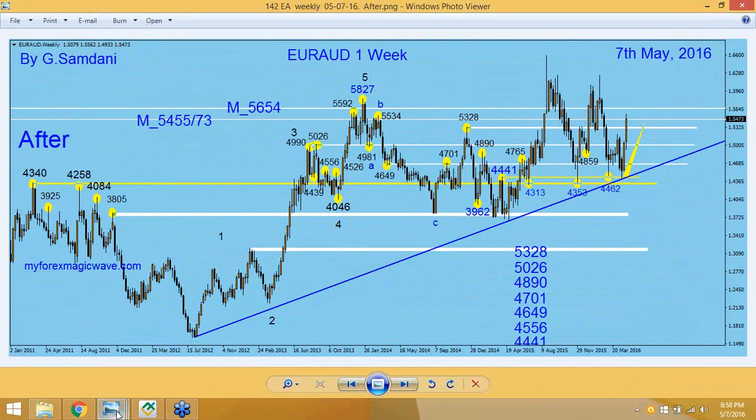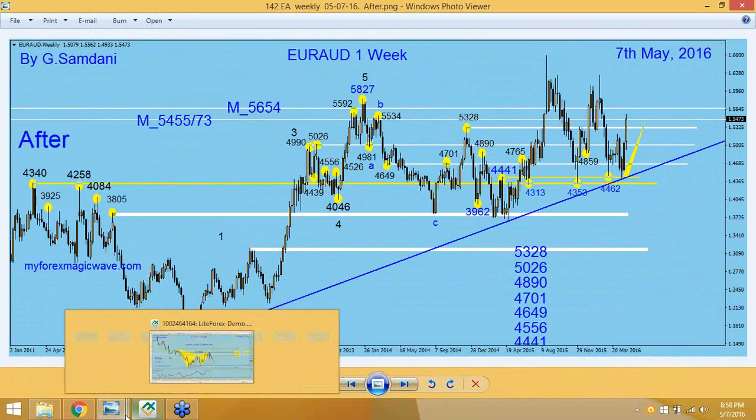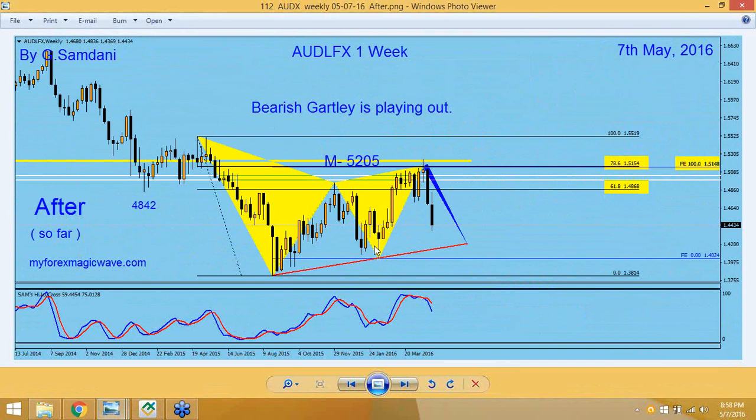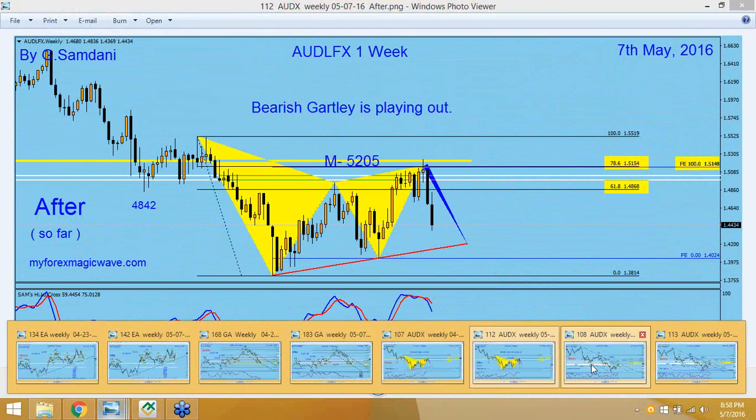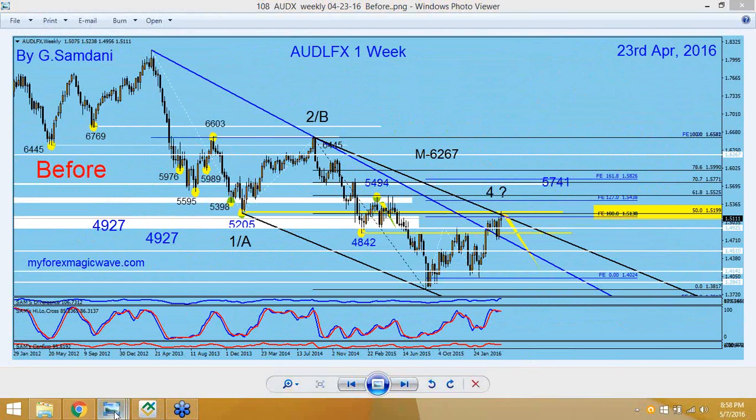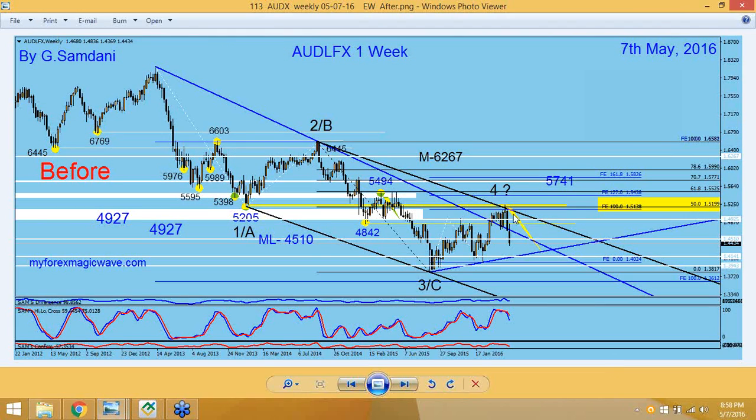And then now pound Aussie. Let me show you. And by the way, this Gartley is still coming down, right? That's the 4-hour chart, the Elliott wave count, and this is the final chart as of today. So nicely straight drop from there, and we have a lot more to go to the downside.